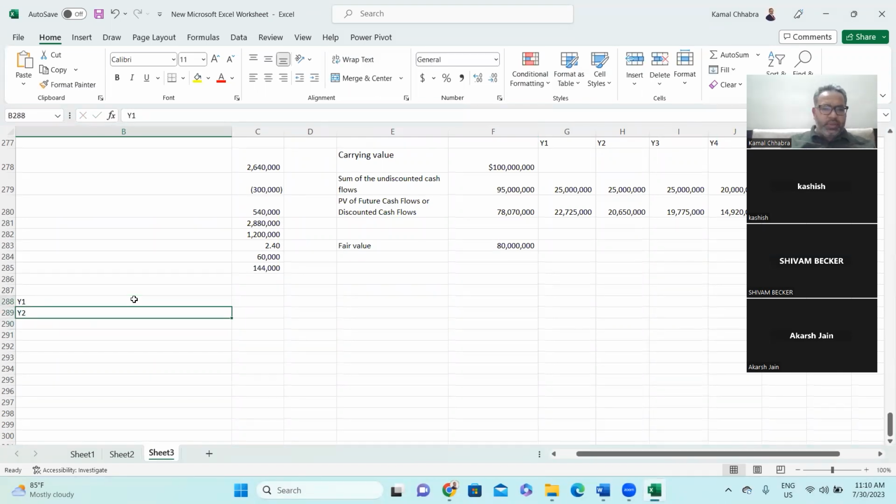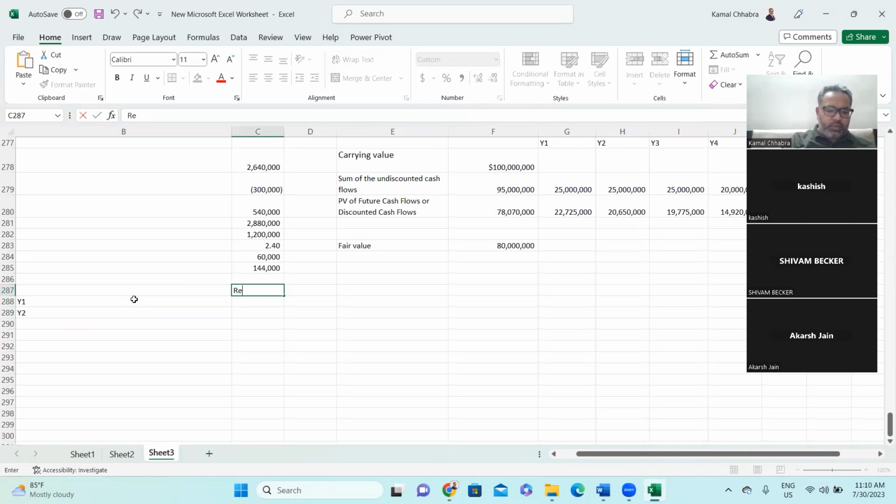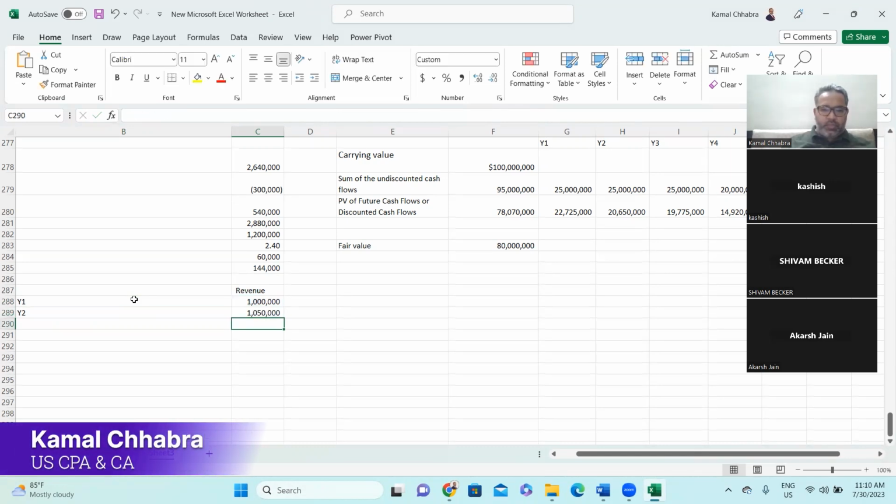So, for example, in year 1 and year 2, this is your revenue. Let's assume you have $1 million of revenue here, and here you have $1,050,000 of revenue, and you have profit after tax, let's say $100,000, and here you have $105,000, right?